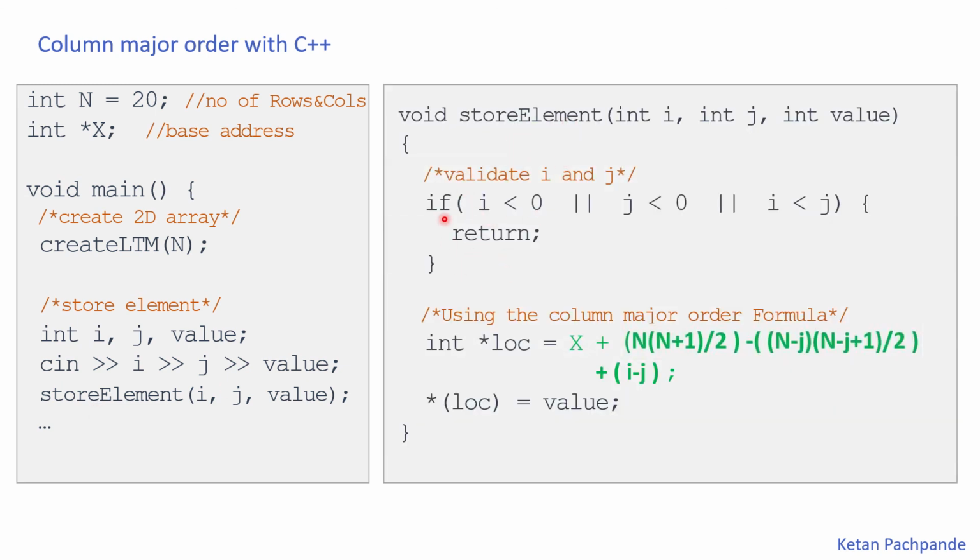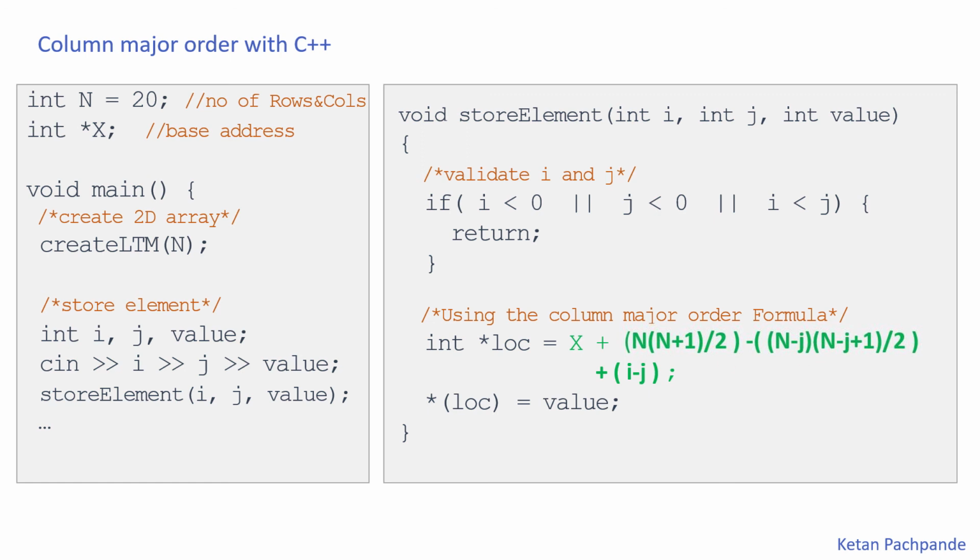And this validation is similar. i less than 0, invalid case, j less than 0, invalid case, i less than j means it's an element above the principal diagonal, and we know that we don't want to store it. So this logic remains the same whether you are using row major or column major order. But when it comes to storing the element, the formula will change.